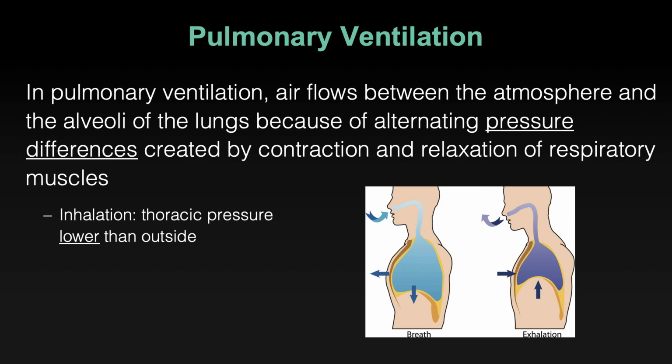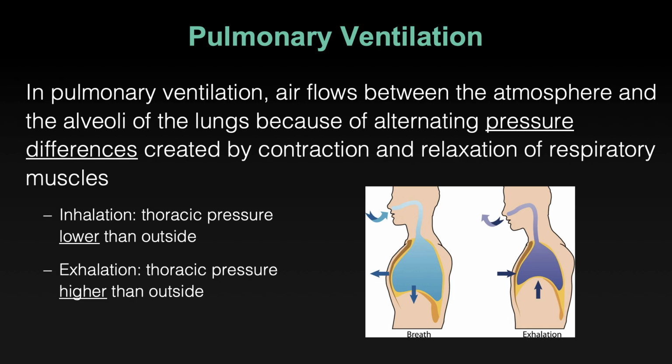But the only reason air moves is that pressure inside the thorax is lower than pressure outside. Air moves from high to low pressure. Temperature moves from high to low temperature. Concentration, things move from high to low concentration. It's a pressure gradient. And then conversely, the only way that I'm allowed to exhale or breathe out is when I create higher pressure inside the thorax than outside.